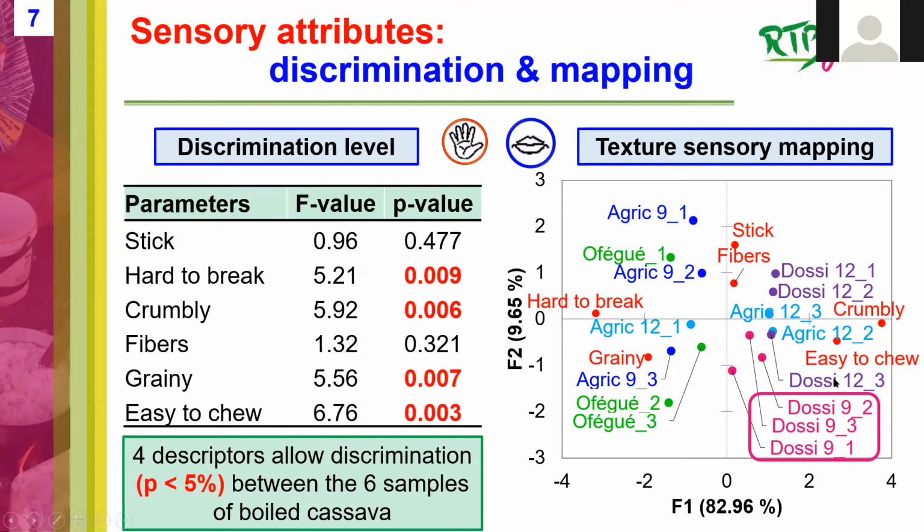Likewise, for Dosi samples, we have repeatability, but the best repeatability was observed with Dosi 9 samples.